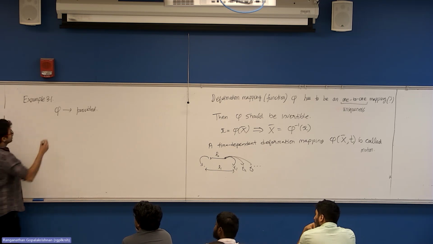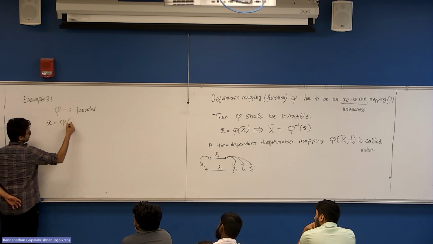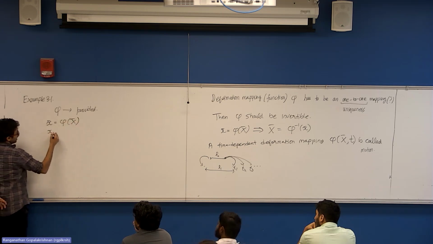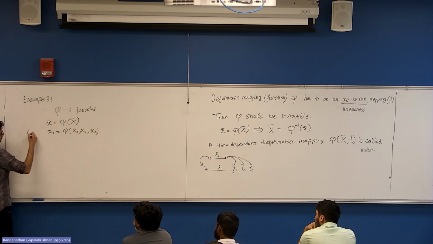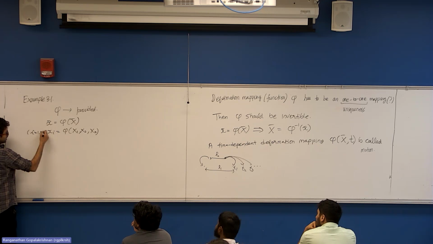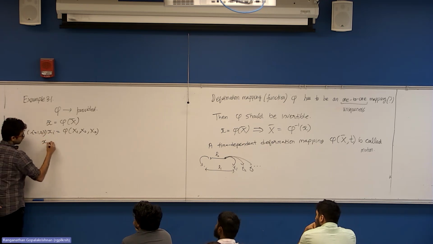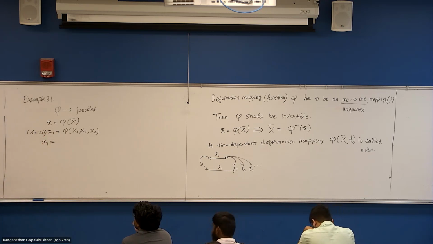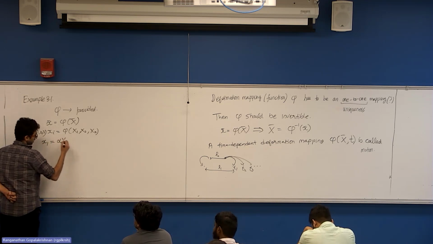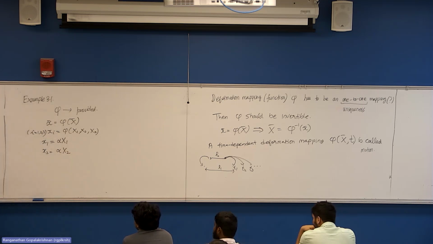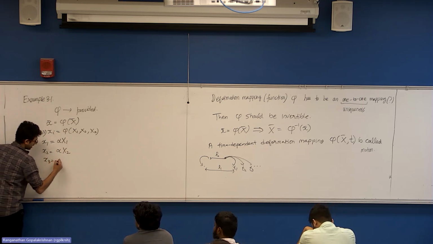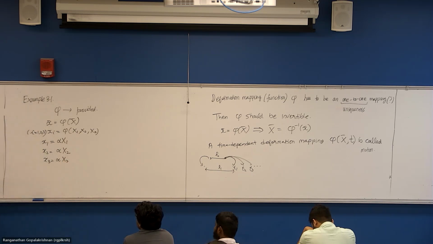So when we say this, we are going to write x equal to phi of X. That is one way of writing it. Or x_i equal to phi_i of X1, X2, X3. And of course, i runs from 1, 2, and 3 directions. So we are told x1 is equal to alpha uppercase X1, x2 equal to alpha uppercase X2, and x3 equal to alpha uppercase X3. How will you write this in vector notation?